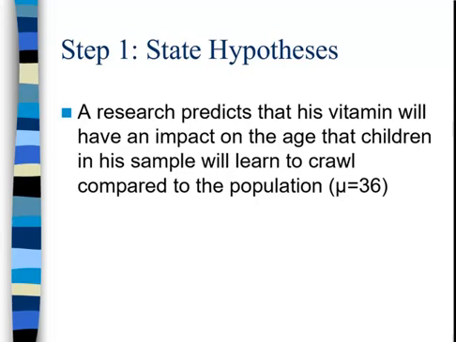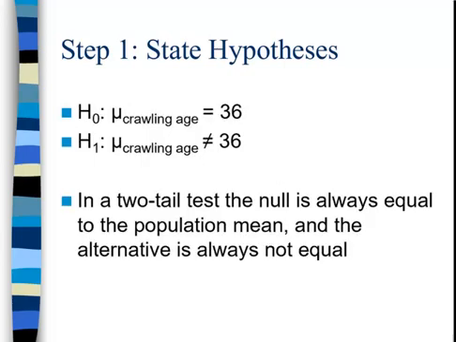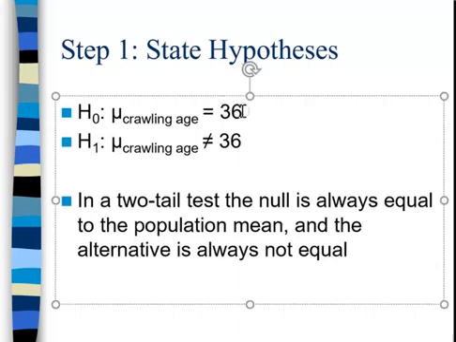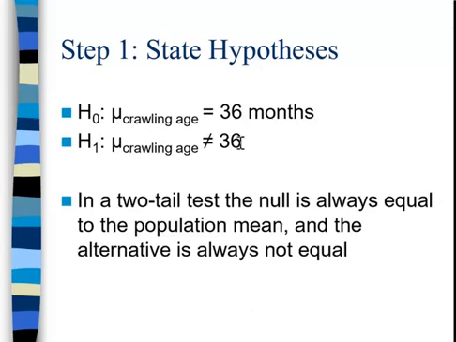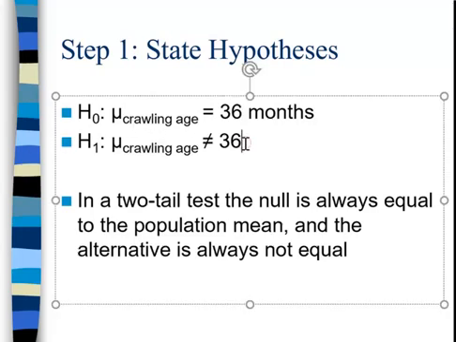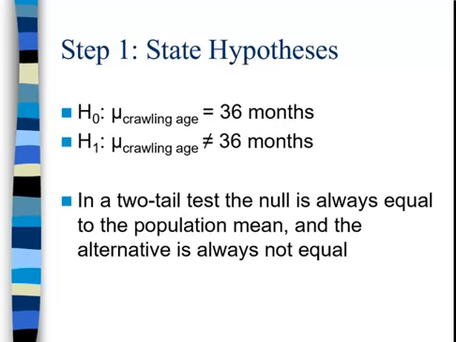So in this scenario, our null and our alternative hypothesis would look something like this. The null would say that the mean crawling age for our sample should be equal to the population mean of 36 months, whereas alternatively, the mean crawling age for our sample should be not equal to the population mean of 36 months.